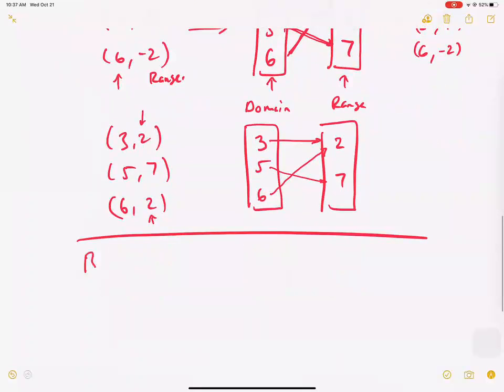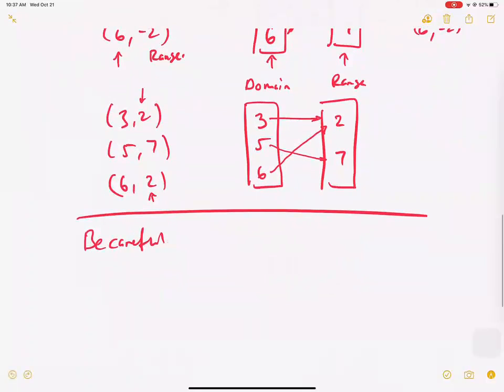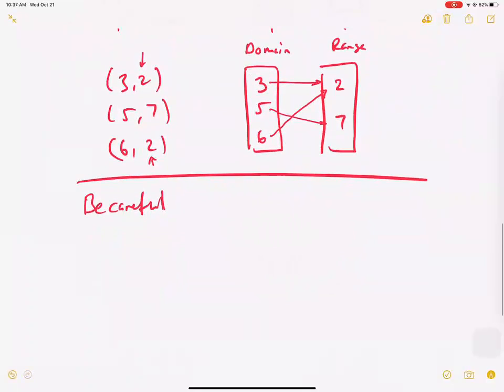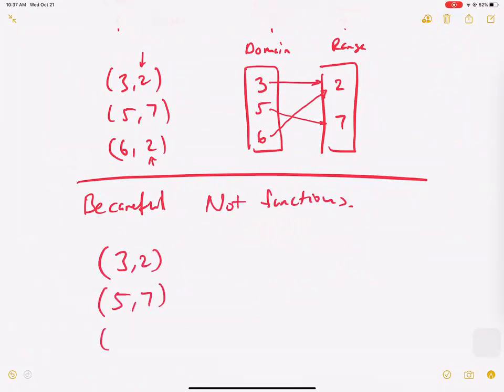Okay? Now, we have a problem. Here is a be careful. Now, here's the be careful part. You cannot repeat domain values. So these are not functions. (3, 2), (5, 7), and (3, 1).